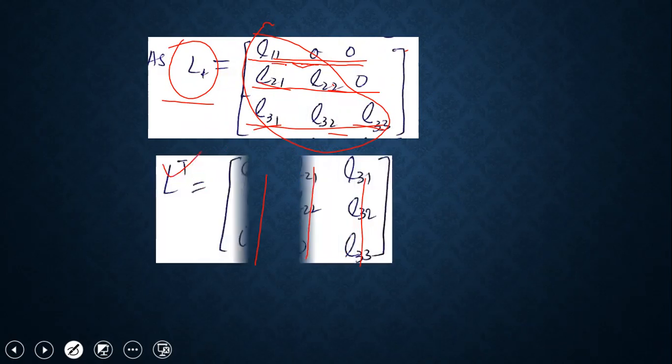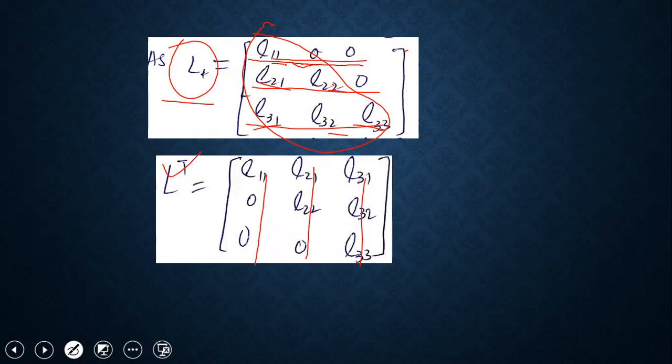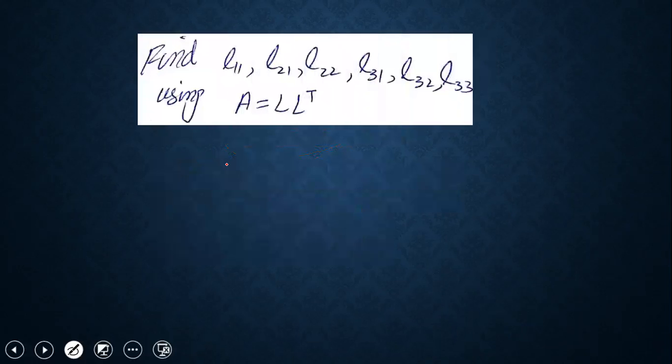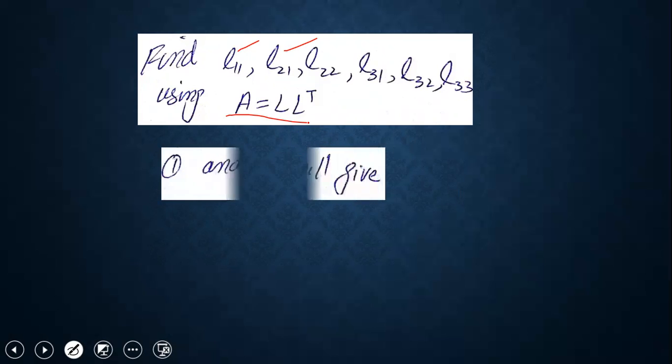So after that, take the transpose of this L matrix. So you will get a matrix of the form. Then find these by using A is equal to L into L transpose.